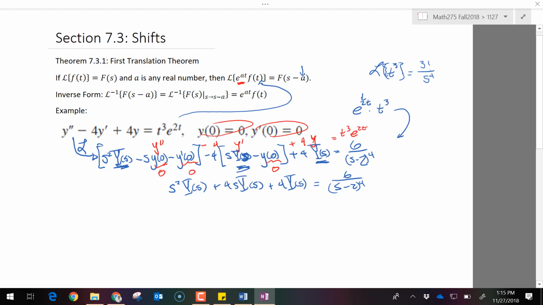When actually not just that, but we'll see in the translation back, we're going to need to consider a few of these things. Or e to the t times either something else, like a sine or a cosine, or in this case, a polynomial, t cubed.